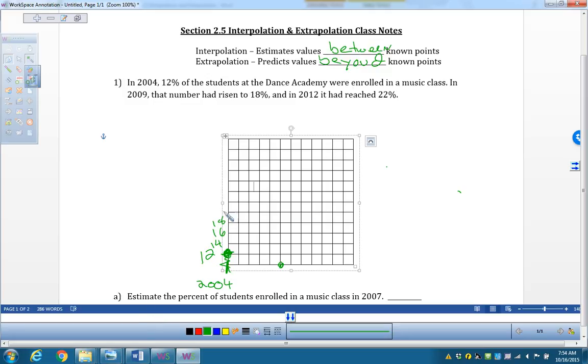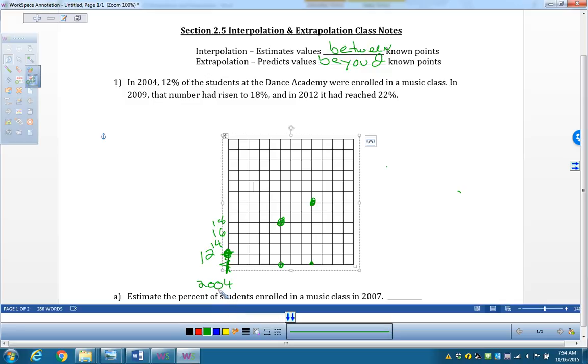Okay, and so in 2009 it got to 18, so we could put a little mark there, okay? And then in 2012 it had reached 22, so if this is 9, 10, 11, 2012, I need to go up to, so this is 18, right? 20, 22. Does that look like a linear relationship?